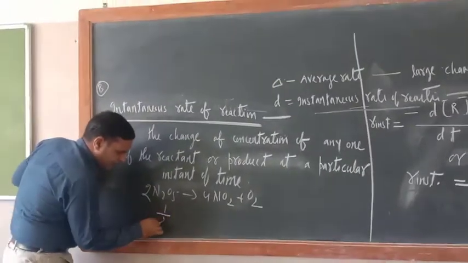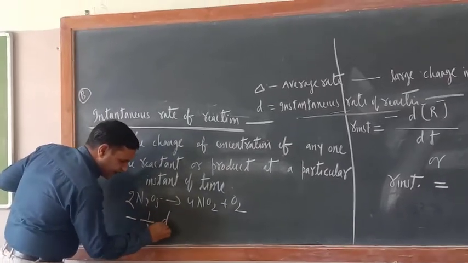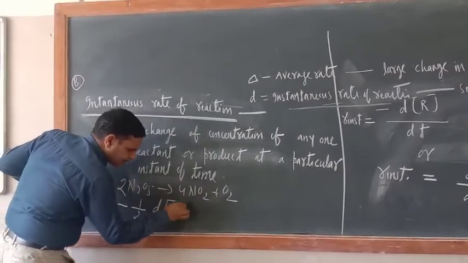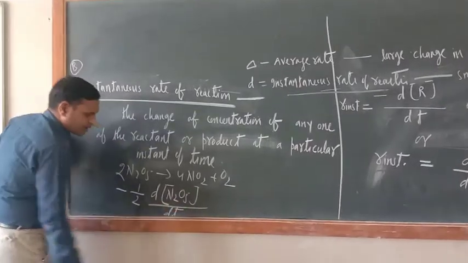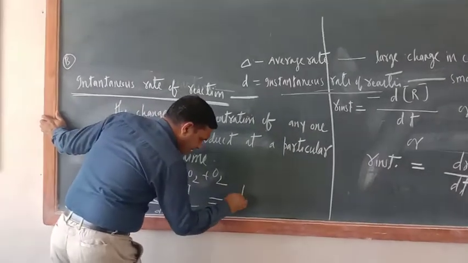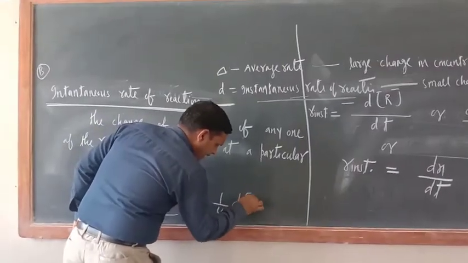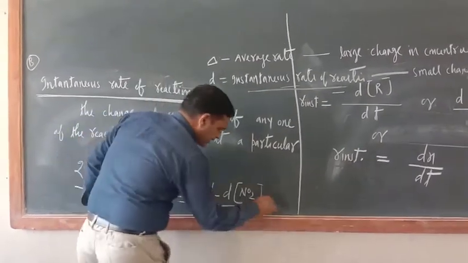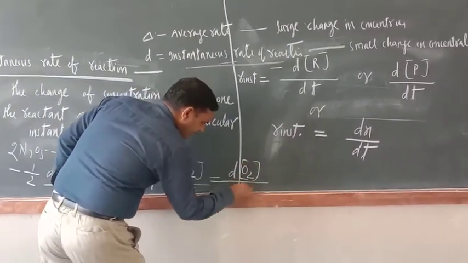So 1 by 2, minus sign because it is a reactant, then d of molar concentration, so N2O5 should be written inside the square bracket, divided by dt. Then this equals 1 by 4, d of [NO2] divided by dt, then equals d[O2] divided by dt.